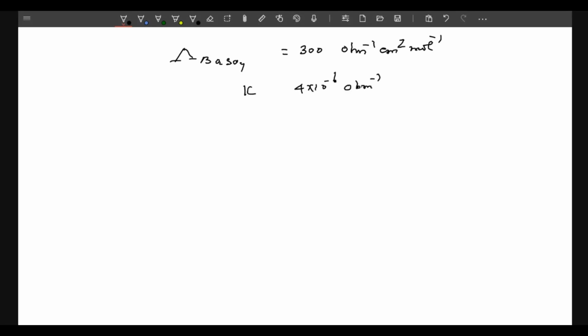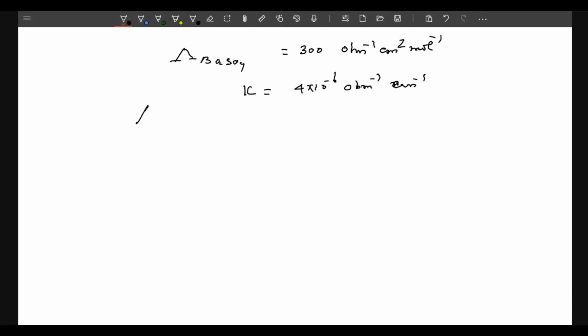That is the kappa value of the salt, given per centimeter. Compute the solubility and the solubility product. We are going to calculate this.